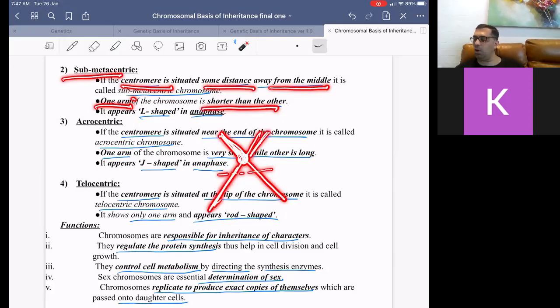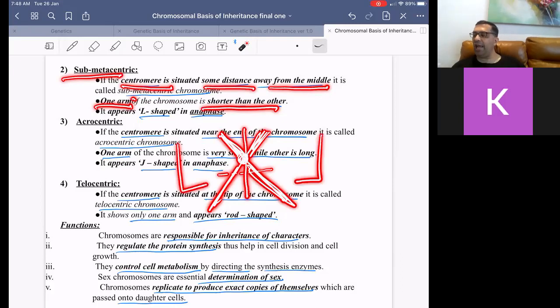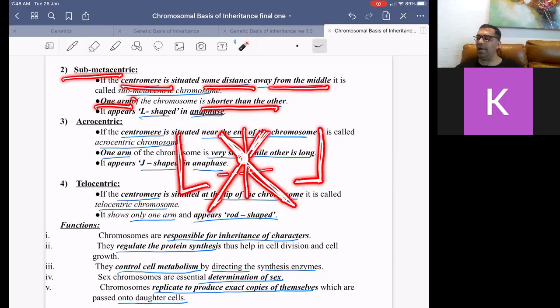When the centromere breaks during anaphase, what will be the shape? The shape of the two chromatids will be L shape, because one arm is short and one is long. So the two chromatids will appear L-shaped in anaphase.